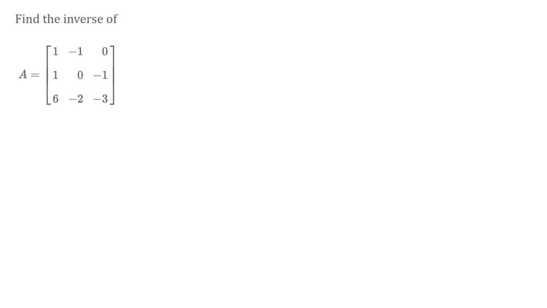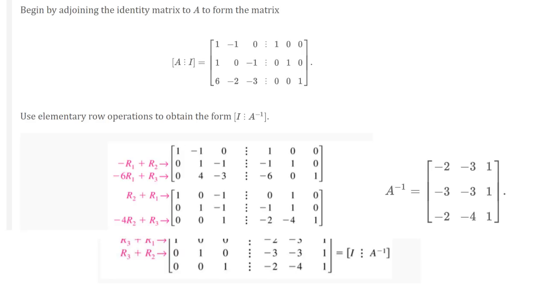If you're not able to use a calculator or don't have a graphing calculator, then you would need to follow the steps that we did earlier, where you put the matrix here, you attach the identity matrix, and then you do the row operations, so that after you do all the row operations, you're going to have your diagonals here be ones, and whatever's on the right side is your inverse. Okay, so that would be the same process.